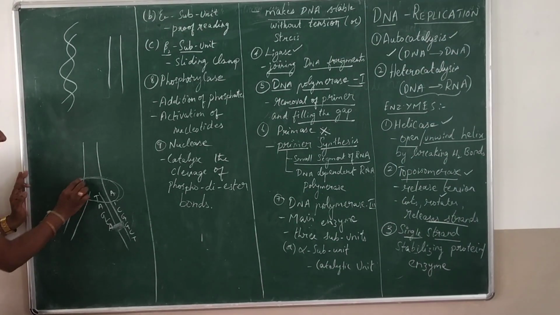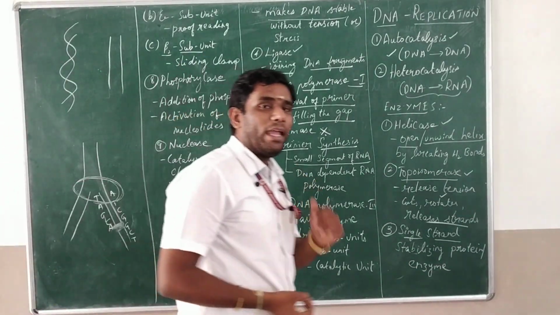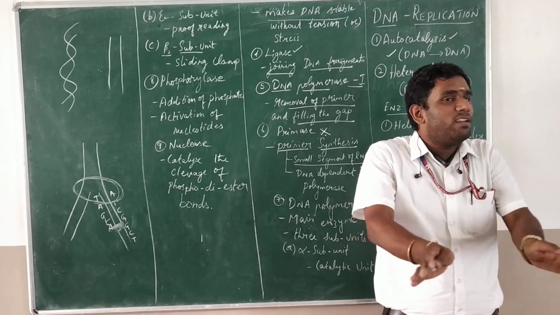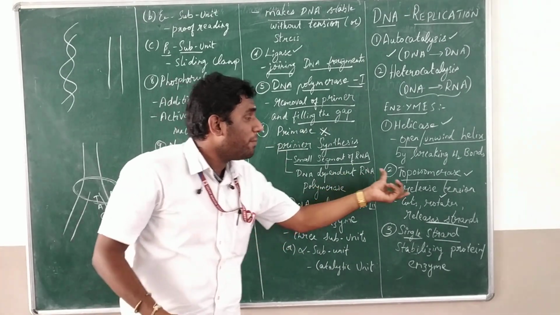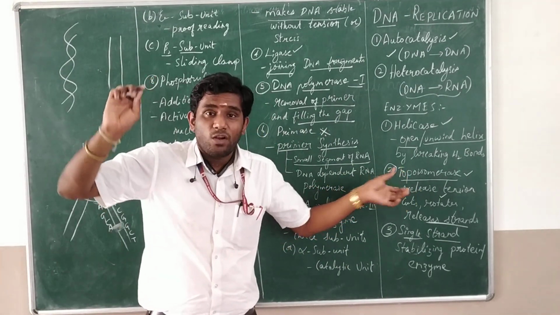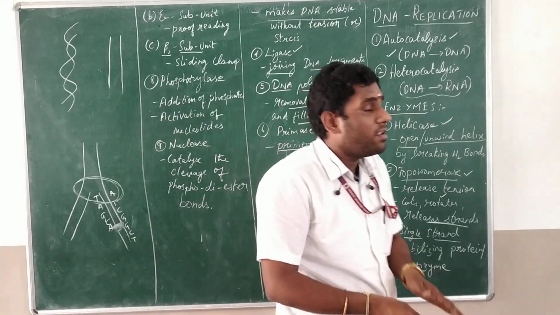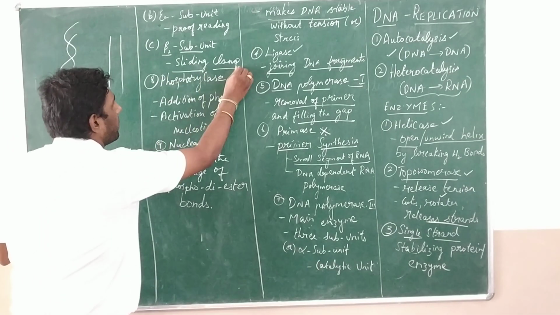So that sliding clamp is actually the beta 2 subunit. To put it more simply, for the replicated strands to come out easily without any strain or tension, like the job done by topoisomerase at first, this beta 2 subunit will act as a sliding clamp.